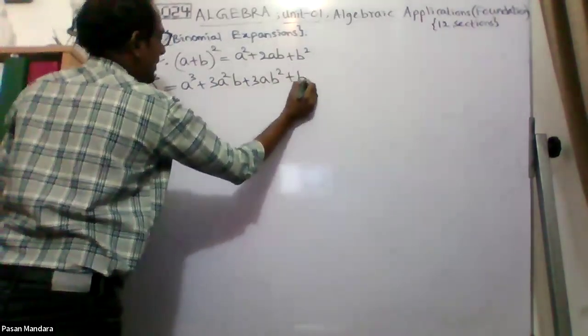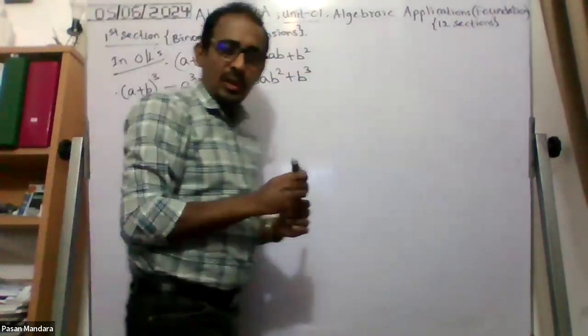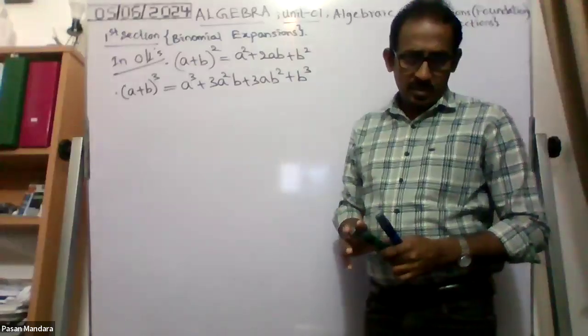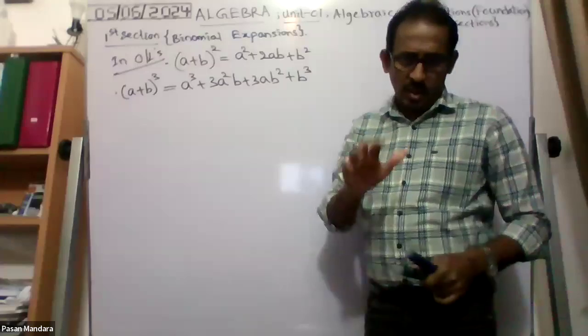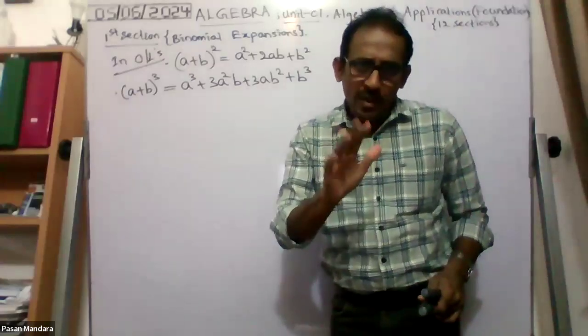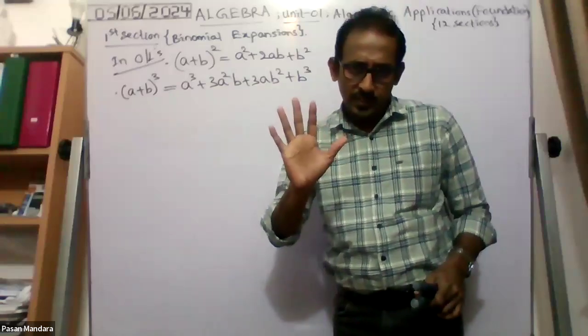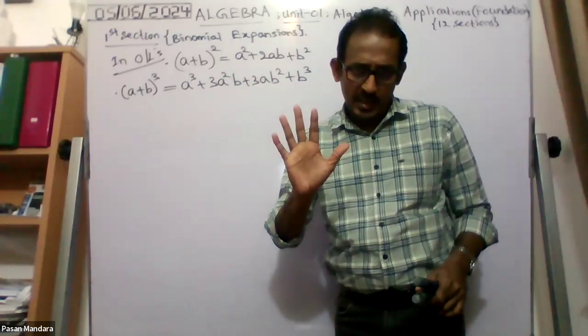Just to verify, students, you also learned this in O levels, right? Say yes or no. Okay. But you haven't learned (a+b) to the power 4, (a+b) to the power 5. No, never. Right.